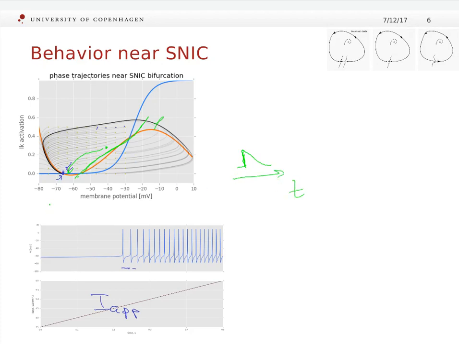But if we start from here, or very fast move the system from this state to this state, what we will observe is a typical excitability. We'll have an action potential or a large excursion over the phase plane like this, and we will end up in the resting state. So this would be subthreshold, and that would be suprathreshold.